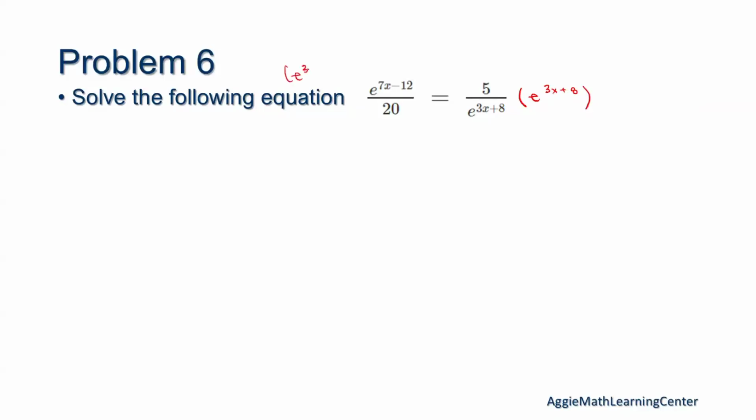And we're going to multiply both sides by 20 so that we don't have anything in our denominators, and so that e is on just the same side. So this 20 and this 20 will divide out. And then this term and this term will divide out. So what we'll be left with is the following.